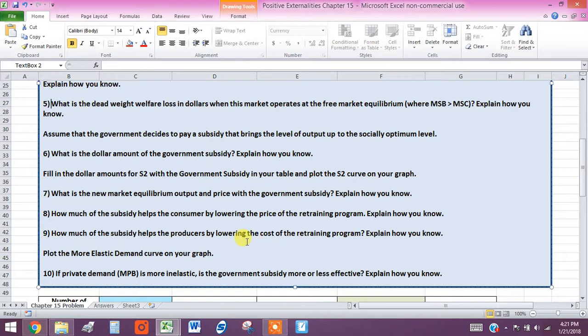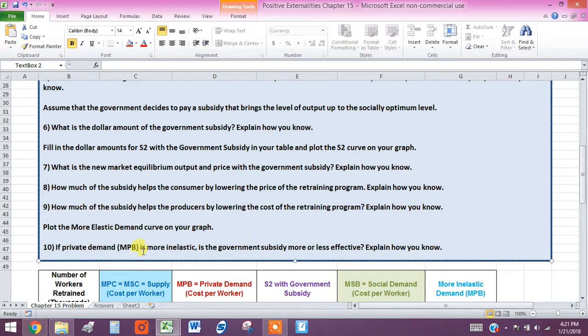Yeah. So the last one here is we want to look at one more thing. I want you to see how the elasticity of the demand curve determines how effective the government subsidy actually is. If you look at your graph, I'm asking you to plot the more elastic demand curve on your graph.